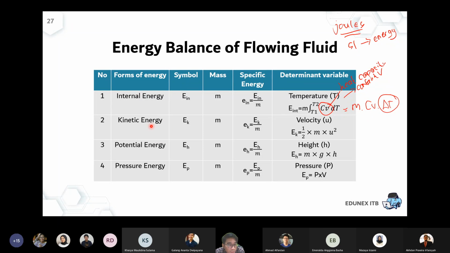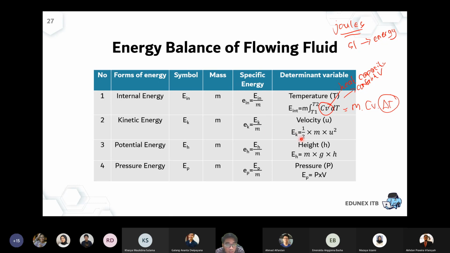Okay, the second one is the kinetic energy. The kinetic energy is the type of energy that is influenced by velocity. Because during the fluid flow, the fluid will have a certain velocity. It may change the velocity during the journey. So how to calculate the kinetic energy?